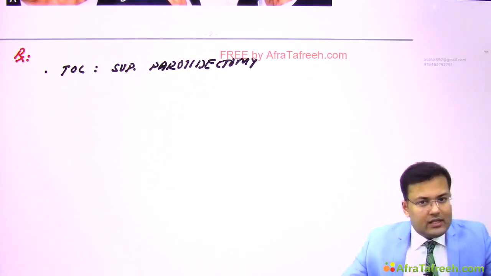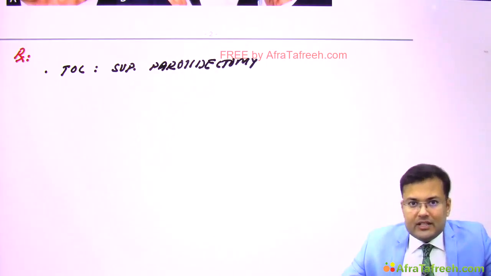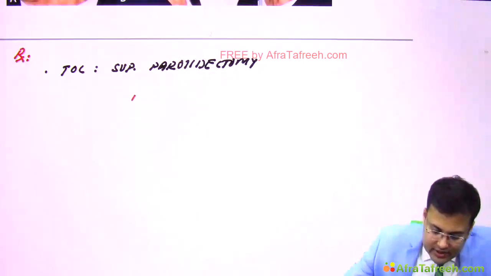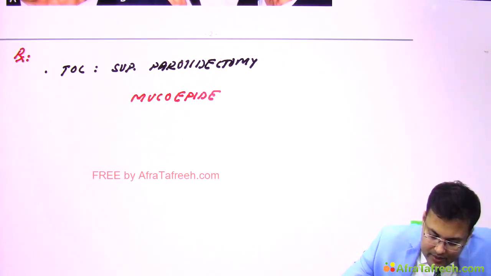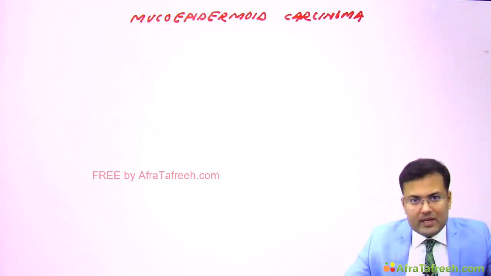Now see the list of malignant tumors. First, the most common malignant tumor of salivary gland, and the most common malignant tumor of salivary gland in children, is what? Mucoepidermoid carcinoma. Clear? And we discussed that radiation exposure to head and neck increases the risk of mucoepidermoid carcinoma.